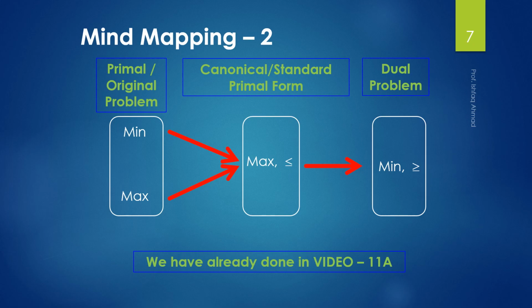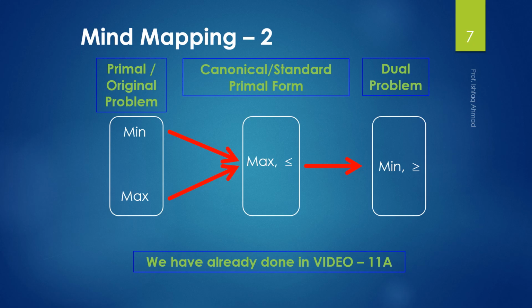Mind mapping 2. Mind mapping 2 basically represents how we can handle a primal into canonical and then dual form. That's to some extent a bit different from mind mapping 1. In this case, if the primal is in minimum or maximum form, we convert both into maximum. If it's maximum, it's okay.